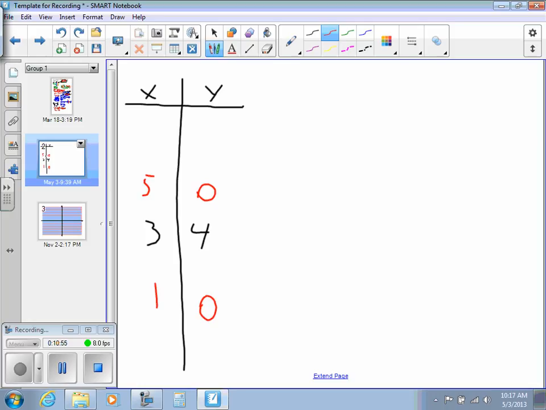So 0, of course, would be right here. 0 is negative 5. So this 3, 4, that's my vertex. That's on the line of symmetry.